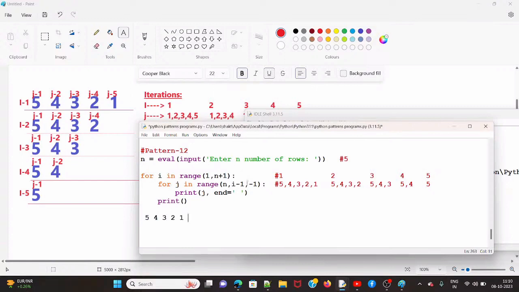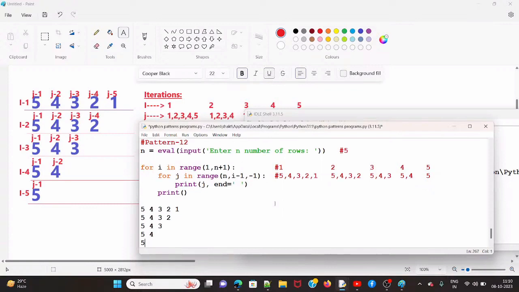Now when i value is 1, all j iterations are over. Once all iterations of j are over, go for a new line. The new line means i value 2. When i value is 2, 5 to 2: 5, 4, 3, 2. That's all. Next line, 5, 4, 3. Next 5, 4. Next 5. Like this.